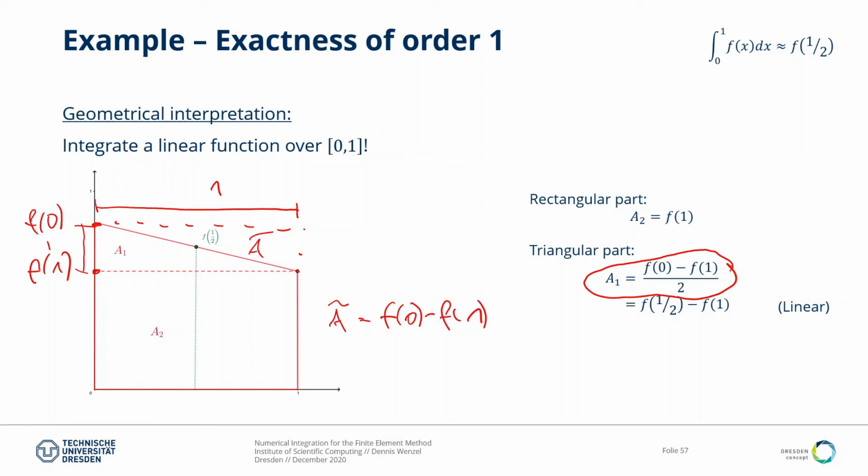That can be expressed in a different way: instead of taking 1/2 of this difference, I can also evaluate my function in the middle of the interval and subtract the whole f of 1 value.